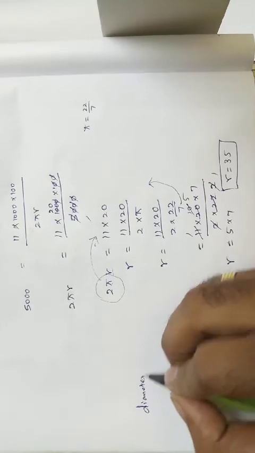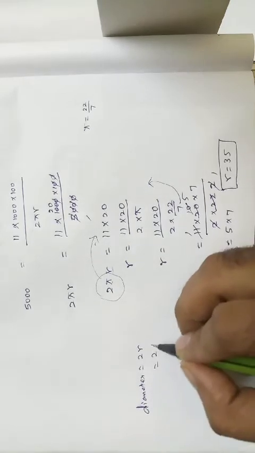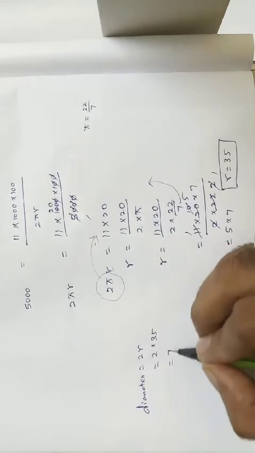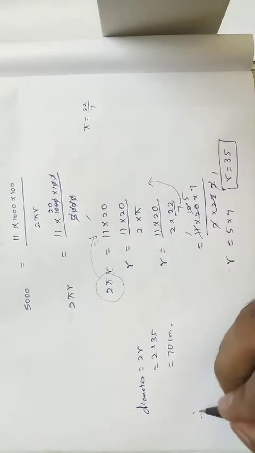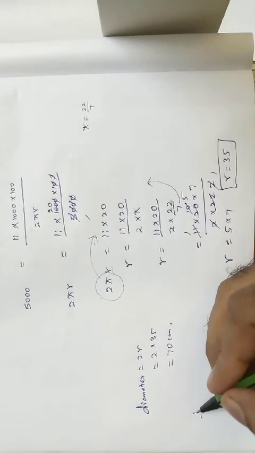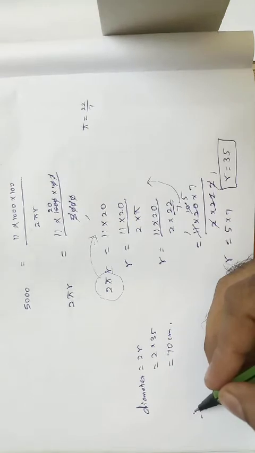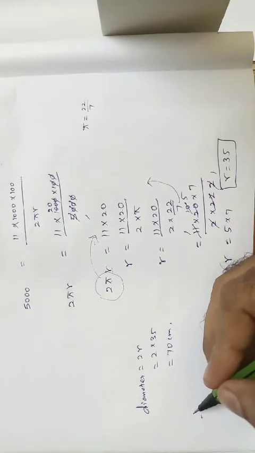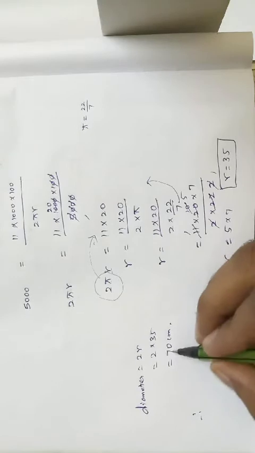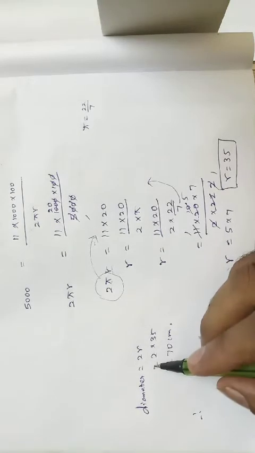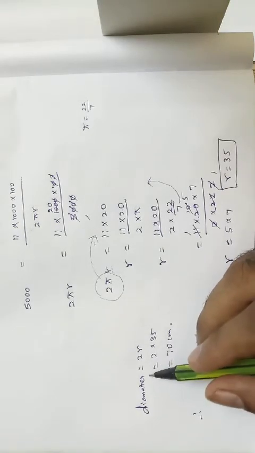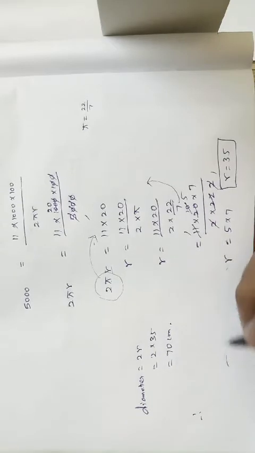Diameter is equal to 2r, that is 2 into 35 is equal to 70 centimeter. Therefore, the diameter of Pooja's bicycle wheel is 70 centimeter. Write in words. That's all.